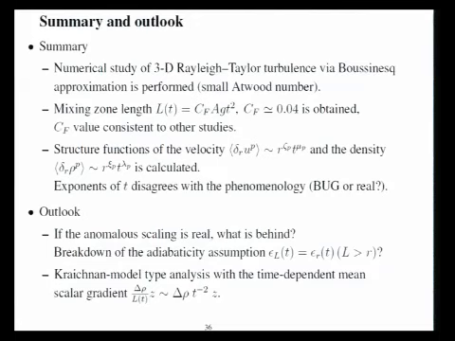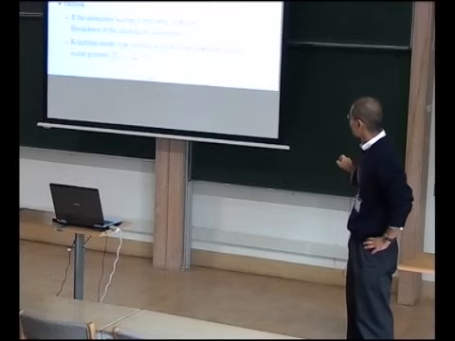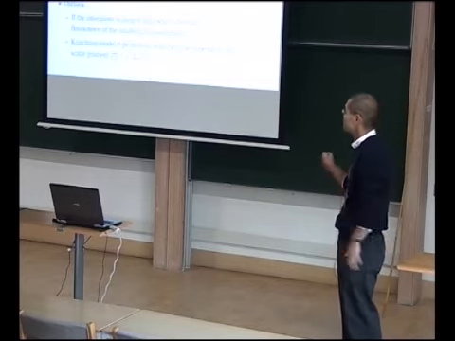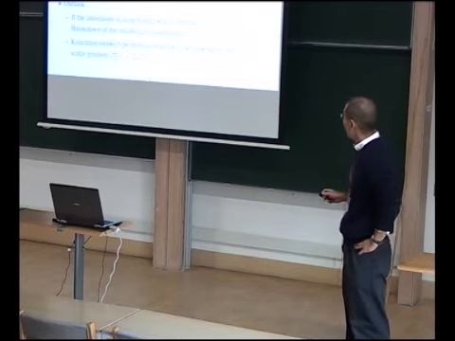Okay, so this is my summary. I performed numerical simulation of Rayleigh-Taylor turbulence, and I checked the t-square law, and I calculated the velocity structure function and density structure function, and I measured the exponents. The quality is not very good, but still I can argue there's some discrepancy from the phenomenology.